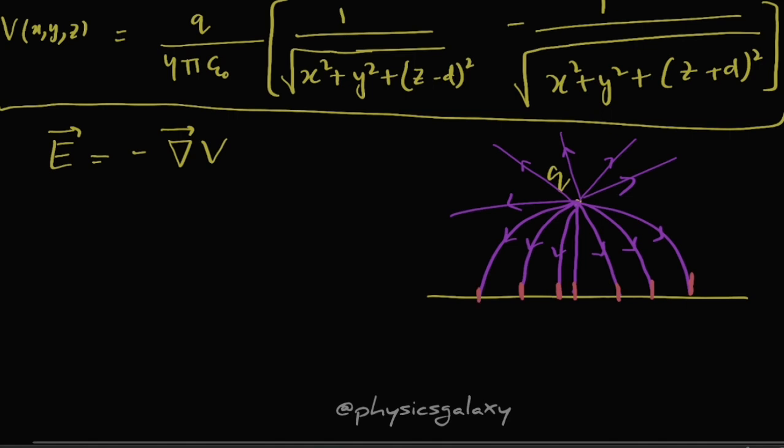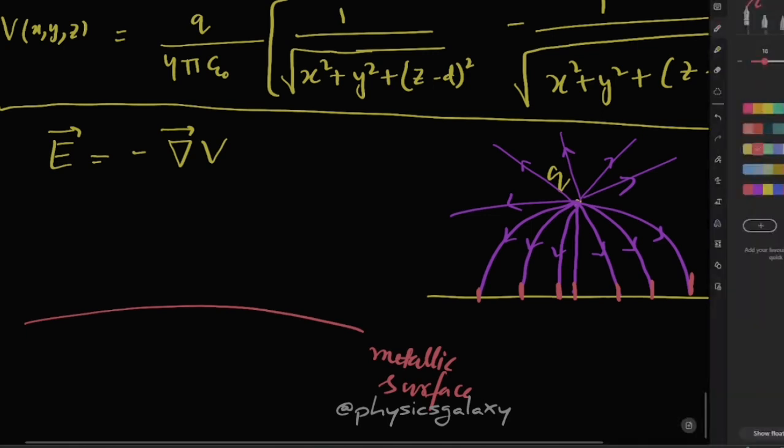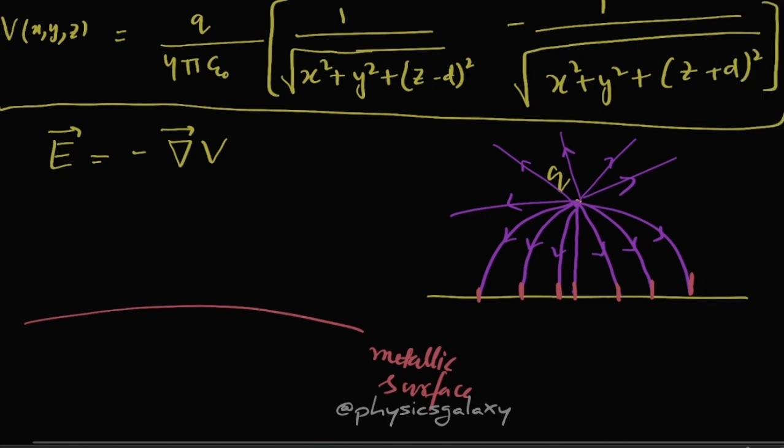When we have a metallic surface, suppose this is my metallic surface. I'm saying that on a metallic surface the electric field is always perpendicular. Why? Let's suppose this is my electric field which has both a normal component, E n cap, and a tangential component, E t cap.